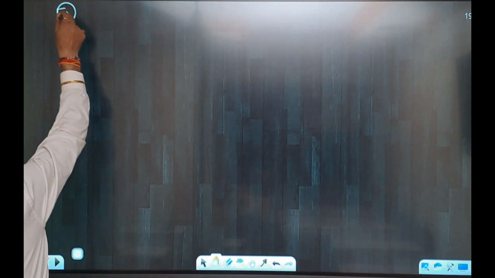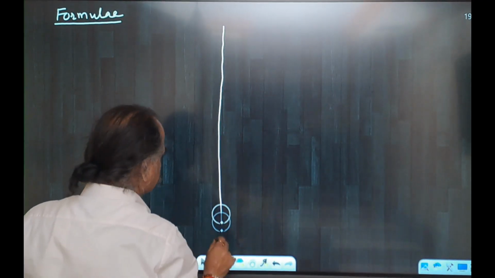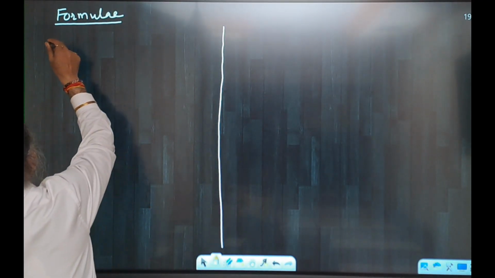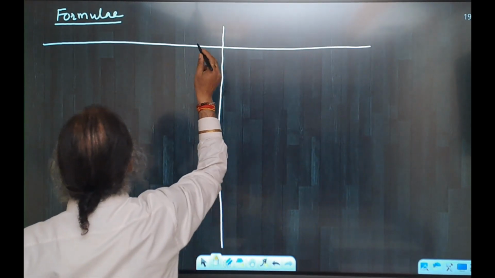Now I'll give you a list of formulae. I'll make two parts. In the first part, I'll write derivative and simultaneously integration.